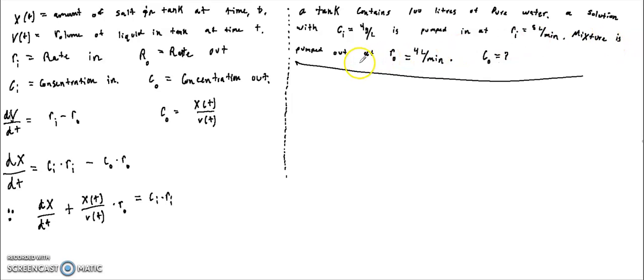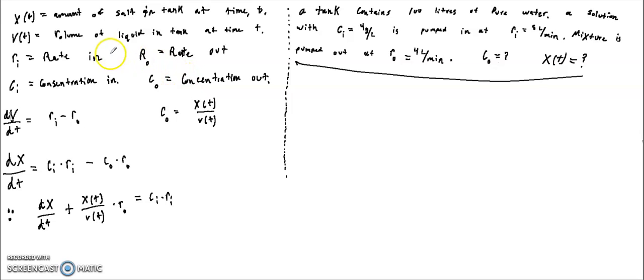The mixture is pumped out at 4 liters a minute. What is the concentration as it gets pumped out? And then what is a function x of t, where x is the amount of salt in the tank at time t? Can we find a function that represents that? And if so, what is it?